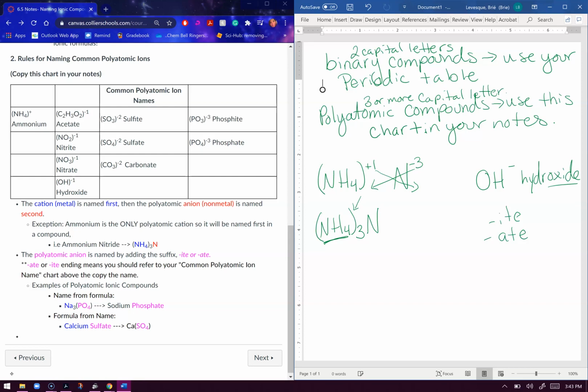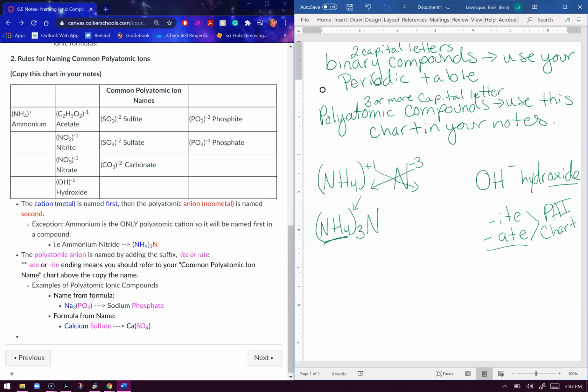So if you see these endings, ITE or ATE, in a name, you know to look at your polyatomic ion chart. I'm going to call it the PAI chart, polyatomic ion chart. So whenever you see those endings in a chemical name, look at your polyatomic ion chart. If you see IDE, you can usually look at your periodic table.